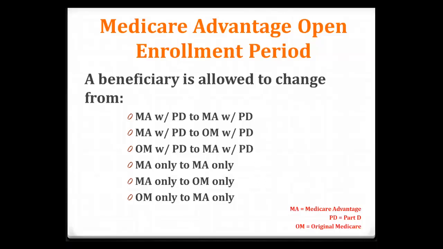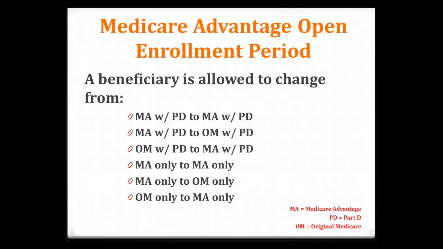Correct. As long as they're not trying to go from Original Medicare with a drug plan to Original Medicare with a drug plan. Okay. Thanks. Yep, they kind of have two time periods where they can change their insurance starting in 2019, provided they fit into one of the 6 scenarios listed on the screen right now.